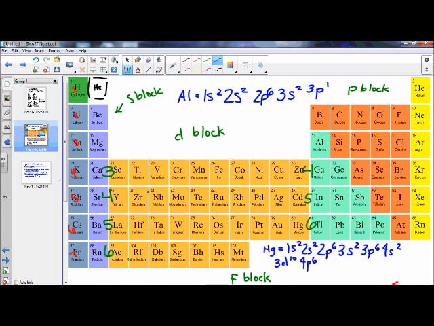Okay, we made it all the way to here. Next row is 5. Now we're back in the S block, 5S2. And then we go to 4D10. Then we're here at 5 and we're back to P. We need to go all the way across, so that's 5P6.